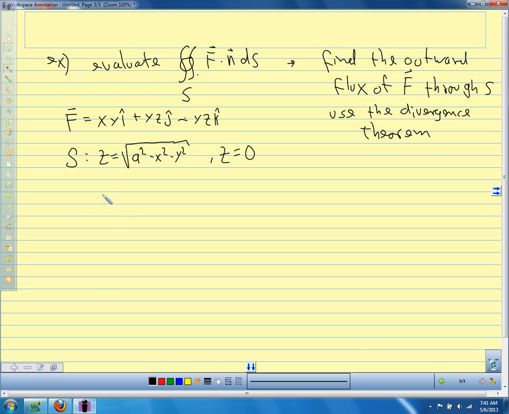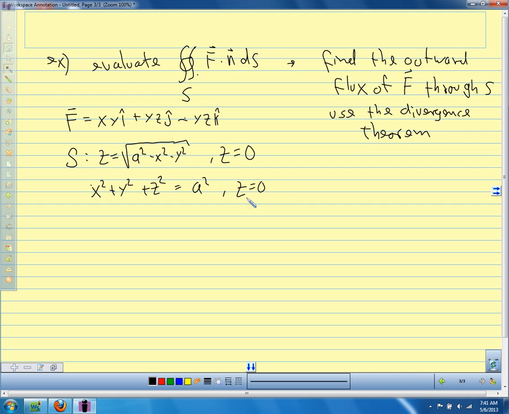I'm just going to rewrite that: x squared plus y squared plus z squared equals a squared. So that's our boundary. To evaluate this as a surface integral, this flux integral, we'd have to do two separate integrals.